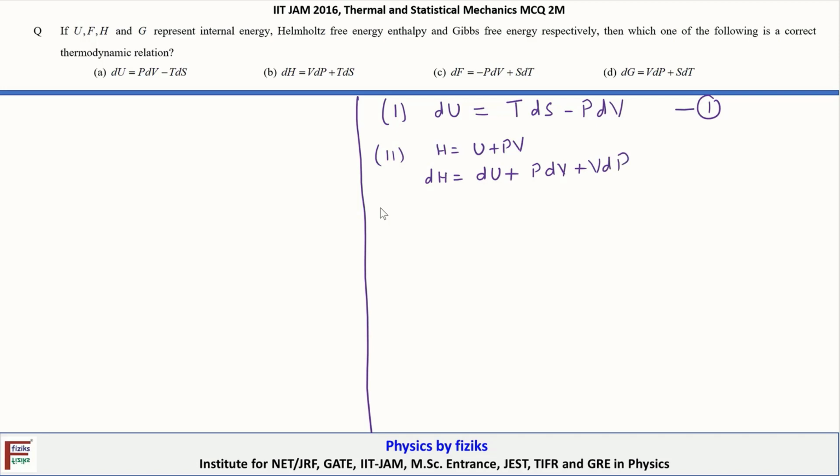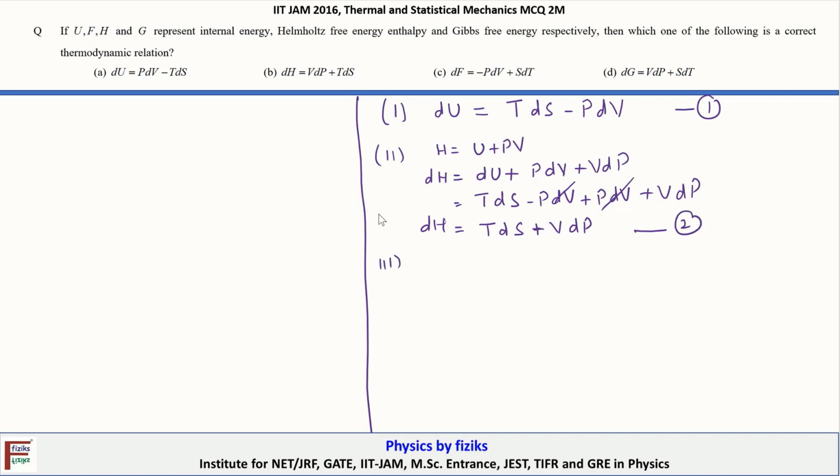Now substitute the value of dU from equation 1 here, which gives TdS minus PdV plus VdP. So PdV will cancel with PdV, and we are simply left with dH equal to TdS plus VdP. Let's call this equation 2.